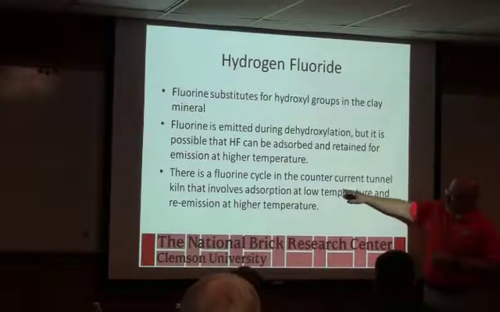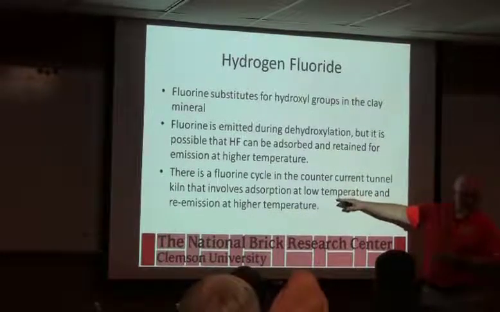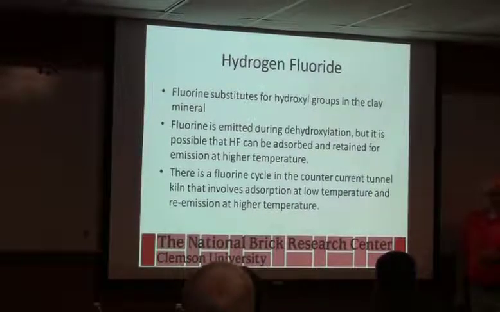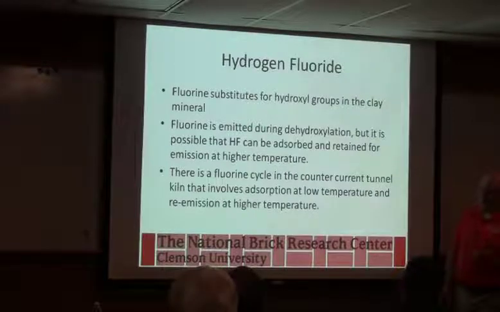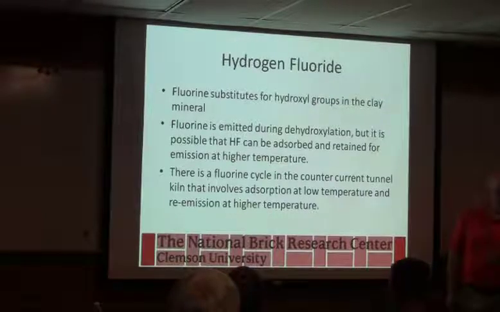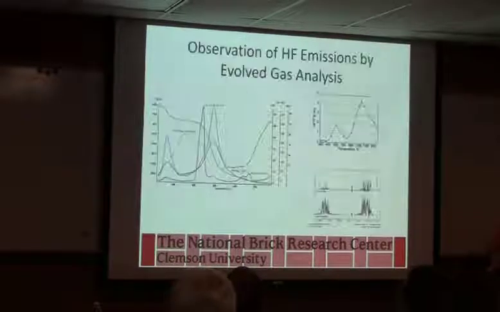But we don't really concern ourselves with that. There are ways to capture the fluorine in the brick. If you have a little limestone, it's not unusual to have a lot of that fluorine stay in the brick. Problem is, it also holds on to sulfur, and you can end up with efflorescence like we talked about.